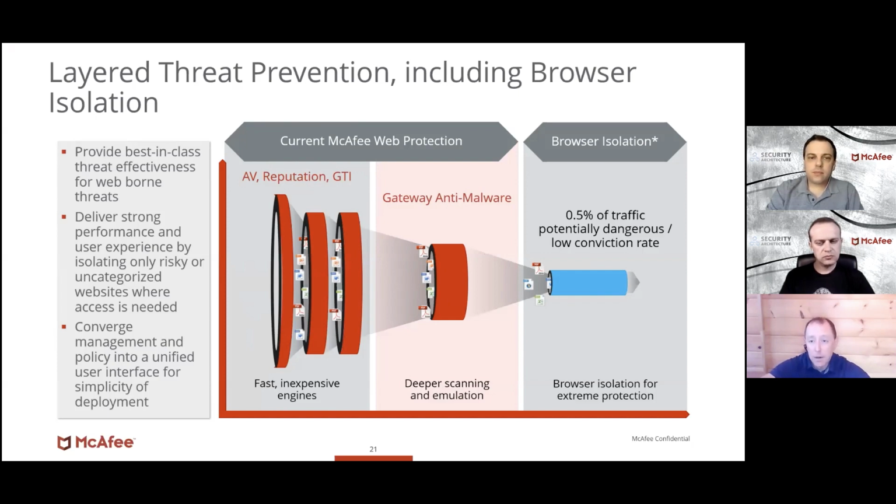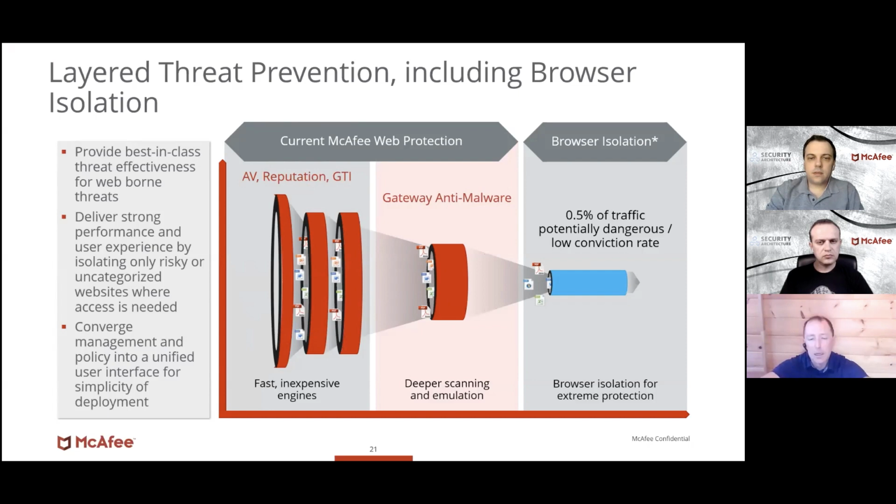Hey, we're McAfee, you would expect us to do that type of security control. We're also evaluating the site and the location by its reputation, which ties directly in with our global threat intelligence. This is great because it gives us a very quick and well-known methodology for evaluating that access and potentially what is the content of that download.